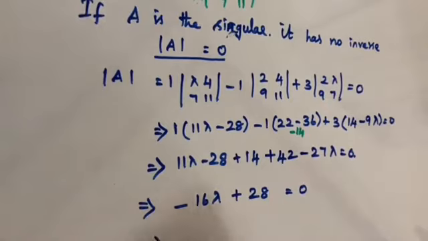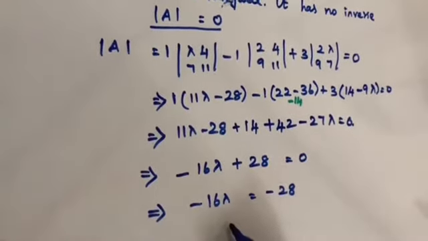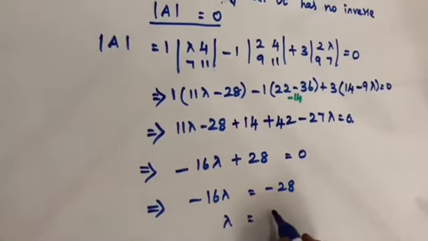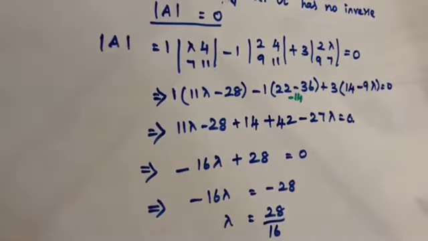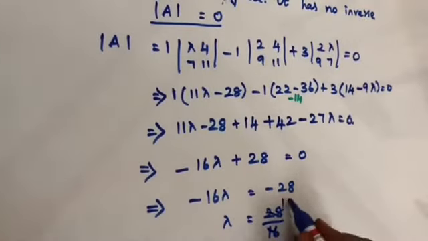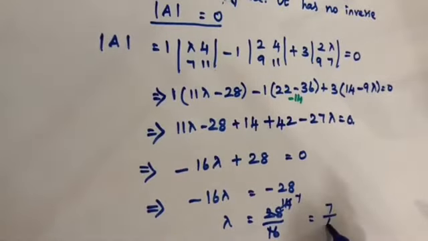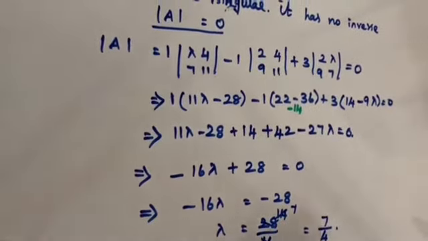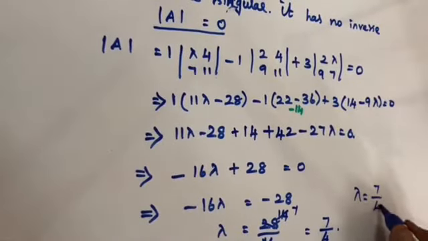That implies minus 16 lambda is equal to minus 28. So lambda is equal to 28 divided by 16. While simplifying, 2 4s are 8 and 2 7s are 14, so 7 divided by 4. That's the answer. So lambda is equal to 7 by 4.